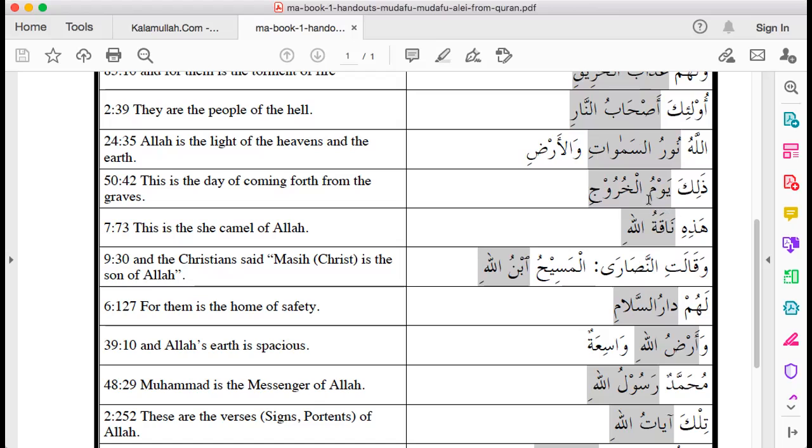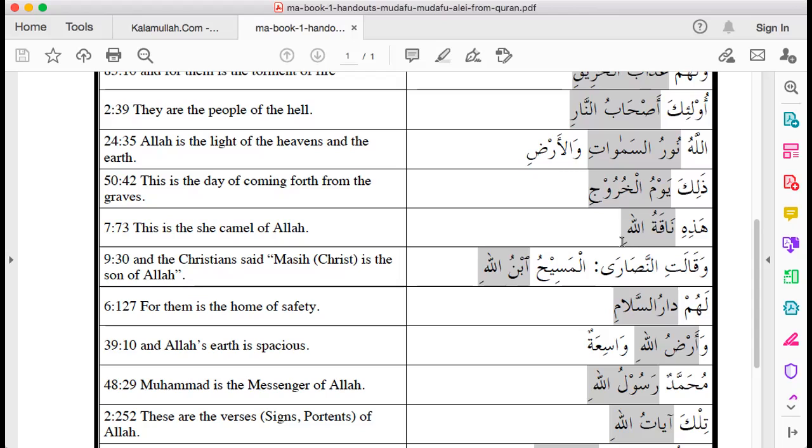Okay. Yawmul khuruji, the day of coming out, coming forth. This is an idafa, definite idafa. Is it a day? No, it's that particular day when people will be coming out of their graves. This is a specific day. So this is why it has an al on the second term.